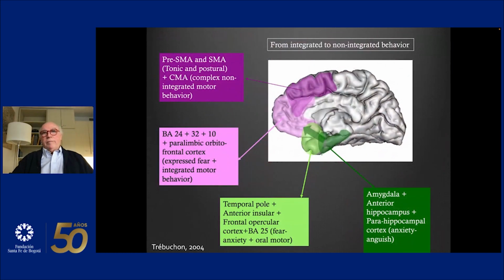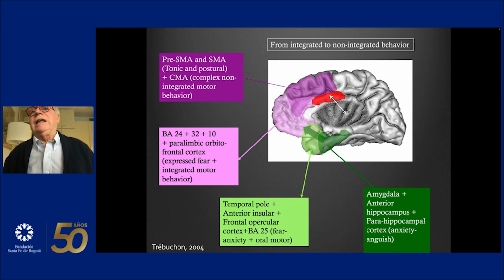So when I come back to my general scheme, you see that this region was missing from my original drawing, and this region is the one responsible for this motor behavior, totally different from the lateral cortex and the primary cortex. It's the region of the cingulate motor area, which has very tight interrelations with the insular cortex.